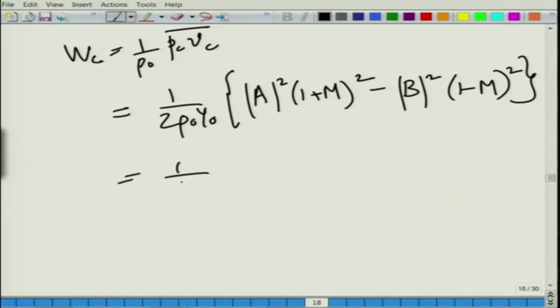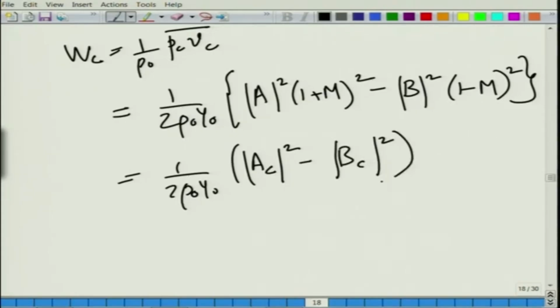So, here we have 2 rho naught y naught and AC square minus BC square like this. So, we have this kind of a thing. What do we do for this?